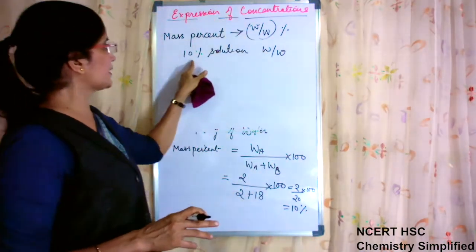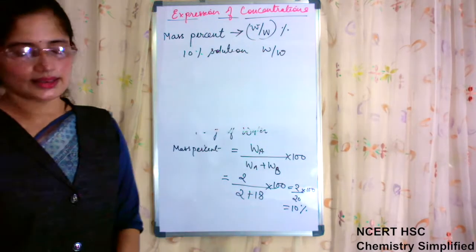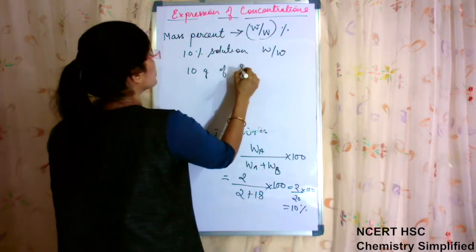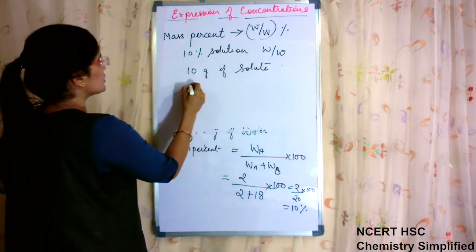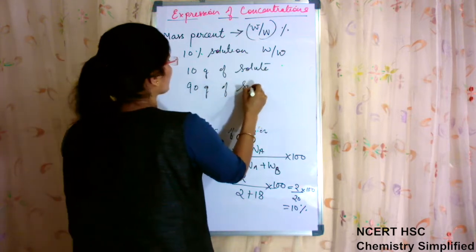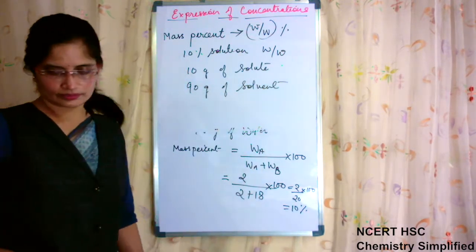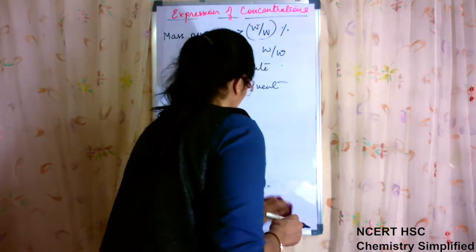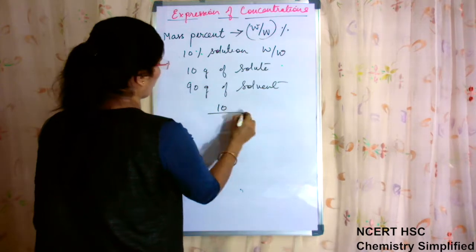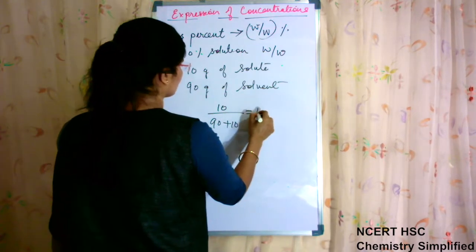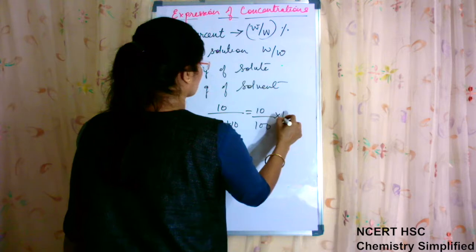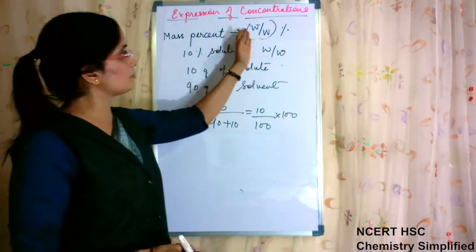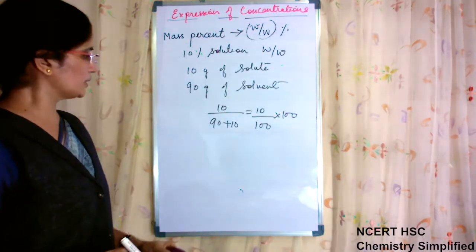When it is written prepare a 10% solution W by W, then 10% means you will take 10 grams of solute and dissolve it in 90 grams of solvent, so that it will be 10 upon 90 plus 10. Clear? Then only the solution will be 10% W by W. This we have to remember.